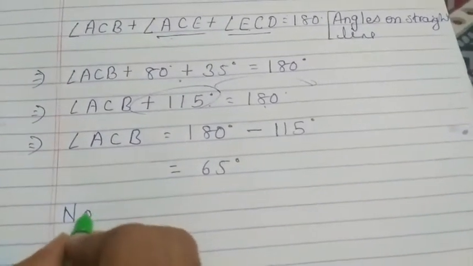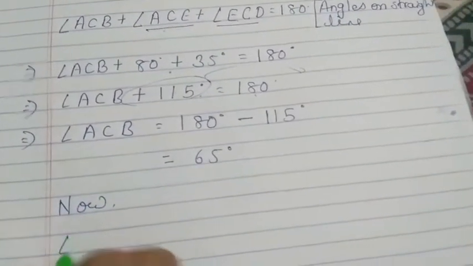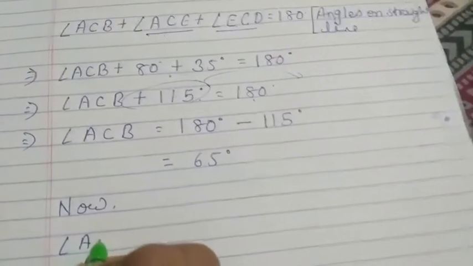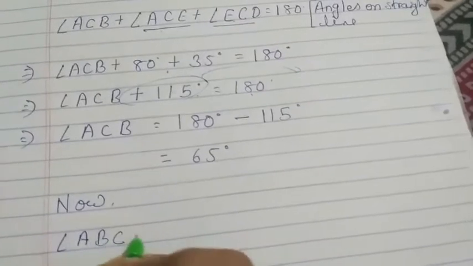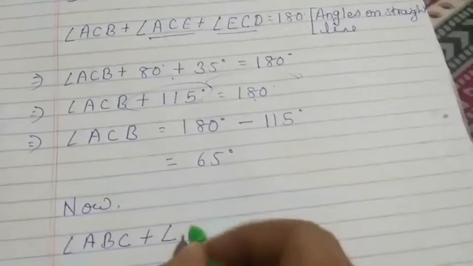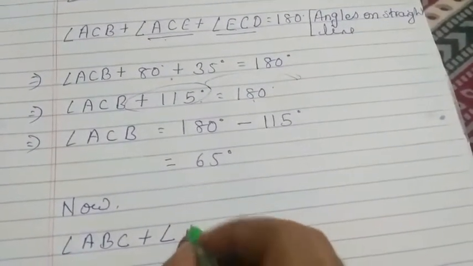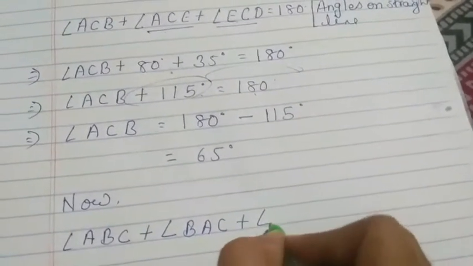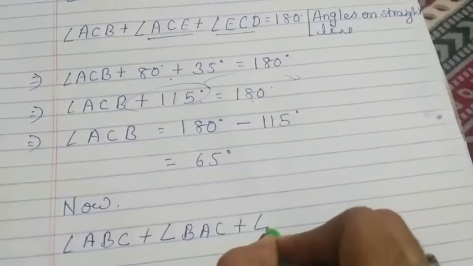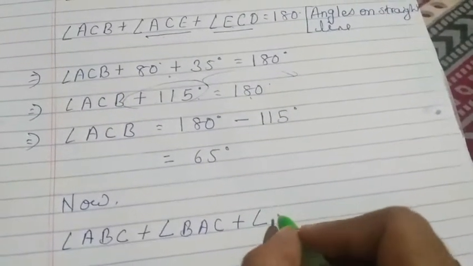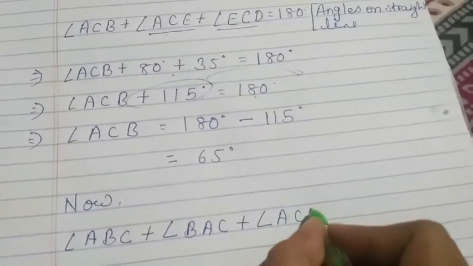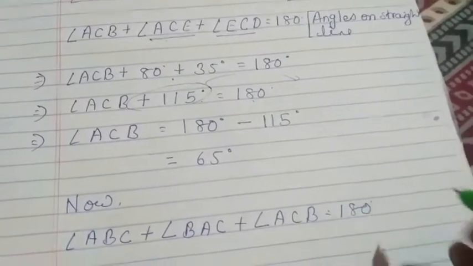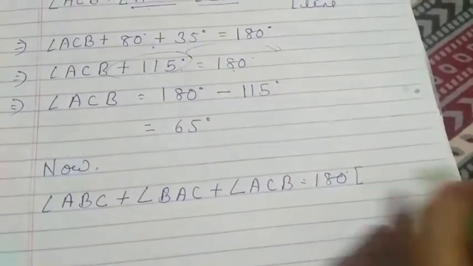Now angle ABC plus angle BAC plus angle ACB equal to 180 degrees. By which property?